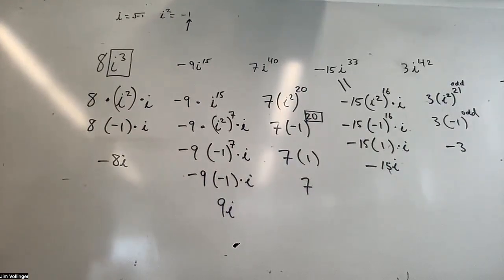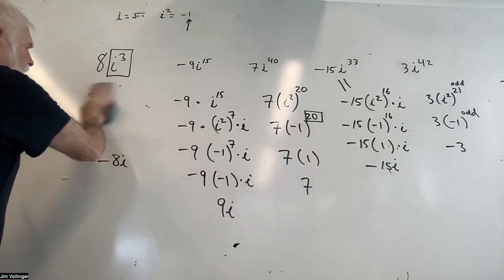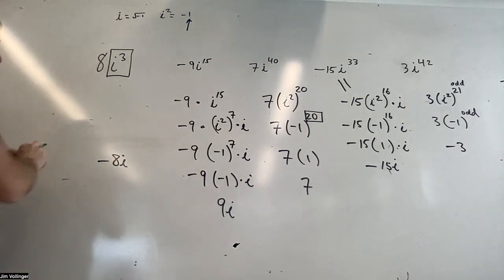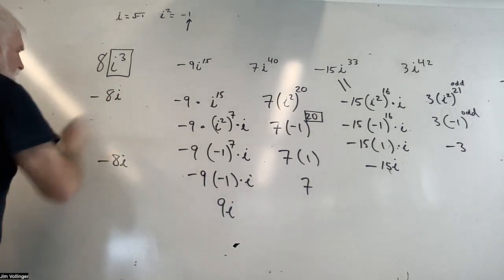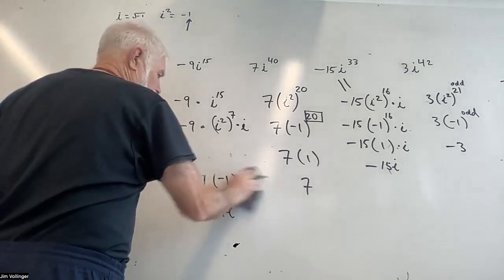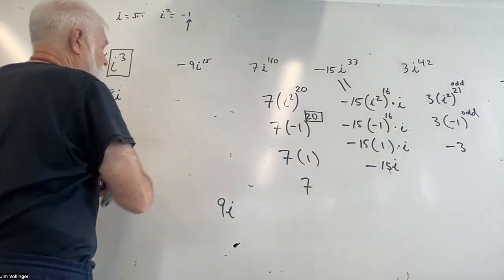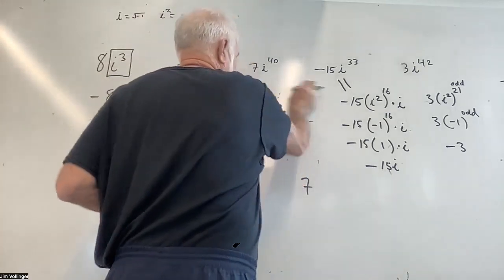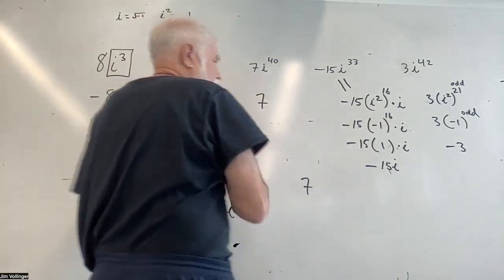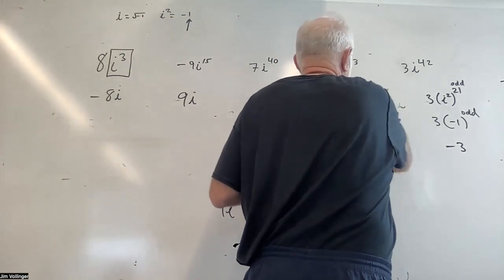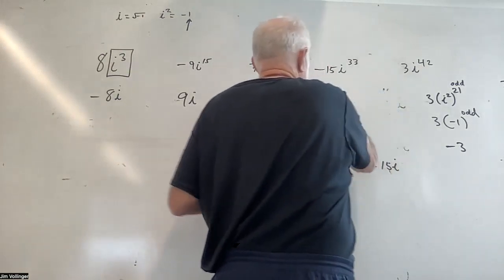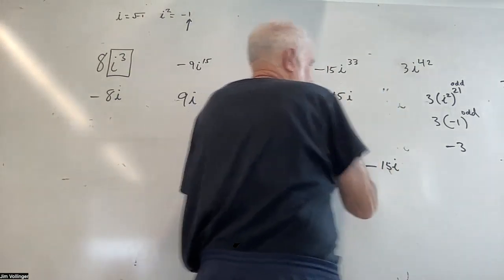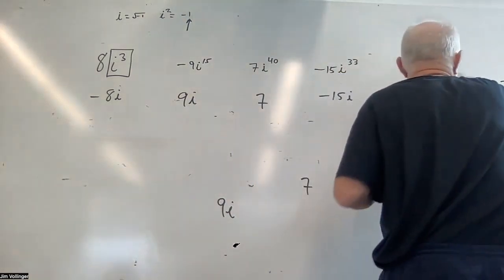Now let's look at our patterns here. Minus 8i. Positive 9i. 7. Minus 15i. Negative 3.